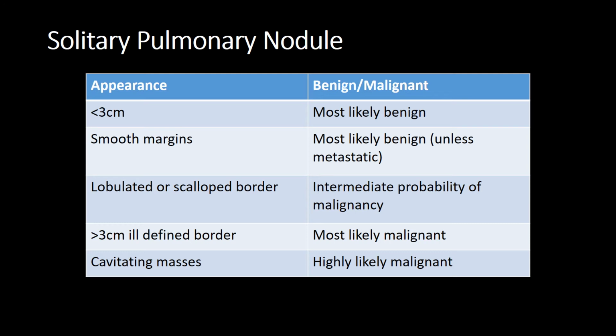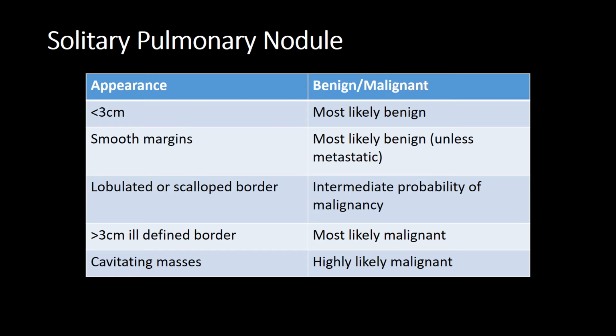How can we tell whether something's aggressive or benign? So when you look at a solitary pulmonary nodule, if it's less than 3 centimetres, it's probably benign. If it has very smooth margins, again, it's most likely benign. Unfortunately though, if it's metastatic, that's not so true.